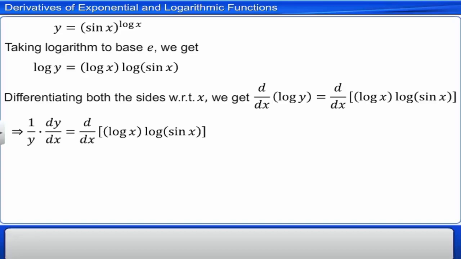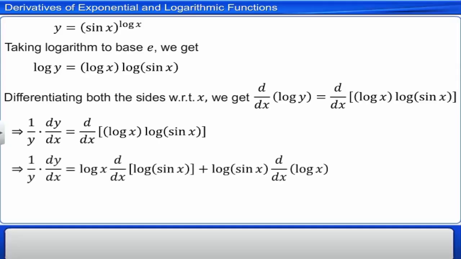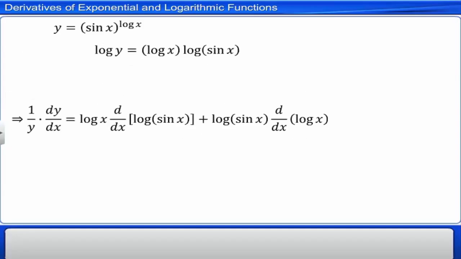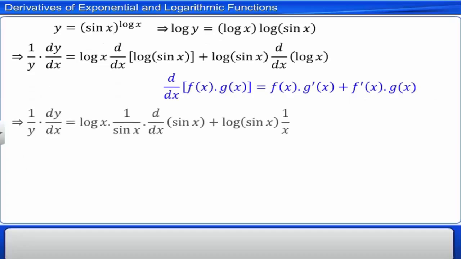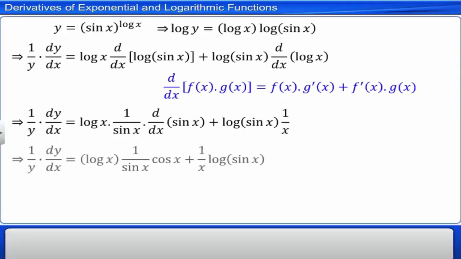The right-hand side is the product of two functions, log x and log of sin x. So we use the product rule to differentiate it. This gives the derivative of the right-hand side equal to log x into 1 divided by sin x into cos x plus 1 divided by x into log of sin x.